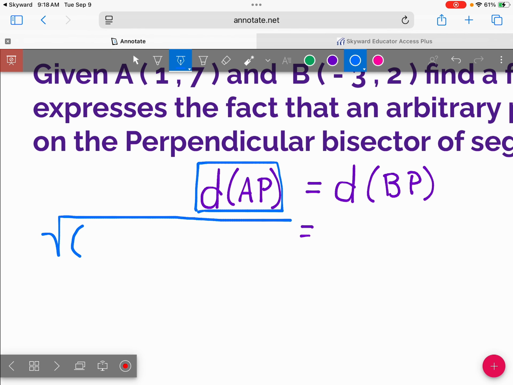Well, we know the x of A is 1, but we don't know what the x is for P, so we're going to just minus our x, squared. And I know what my y value is for A. That's going to be 7. But I don't know what the value is for point P, so we're going to use the letter y, squared.